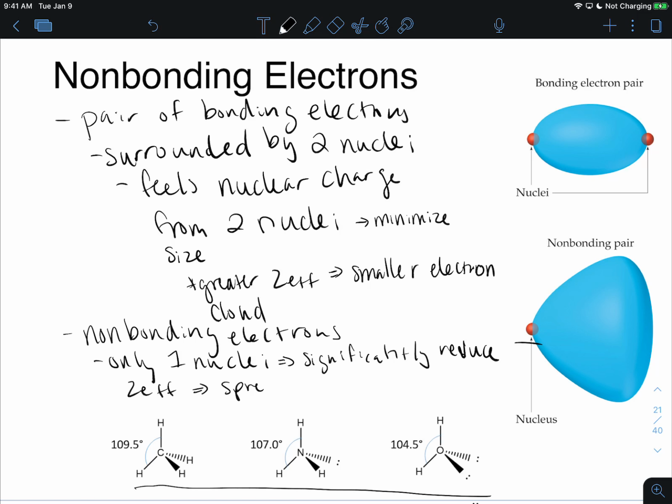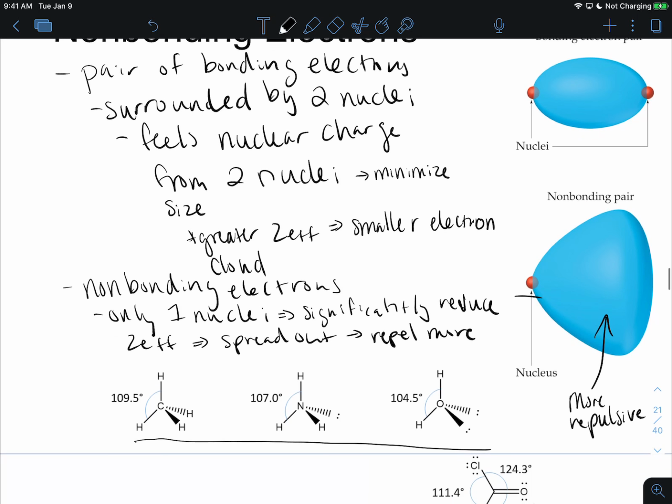That's going to spread out and repel more. So they have a more repulsive nature than our bonding pair. So they're going to push down on those bonding pairs because they spread out more. So that's going to cause a decrease in our bond angle in tetrahedral from 109.5 to 107 to 104.5.